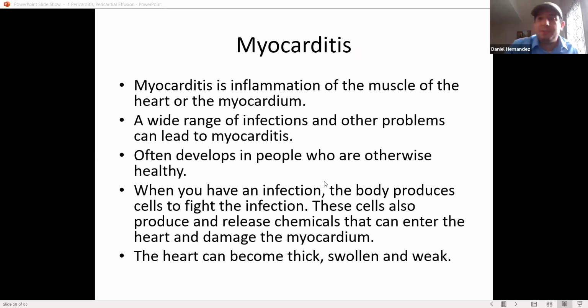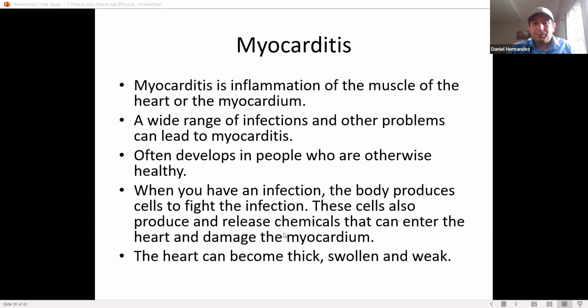This was one of the issues that patients were having, particularly young men with the COVID vaccination. They were developing cases of myocarditis. Granted, it was rare, the incidence of these patients developing myocarditis, but that's kind of what was occurring. Patients were receiving their COVID vaccinations, and the body's normal response was to create the cells needed to fight the infection.